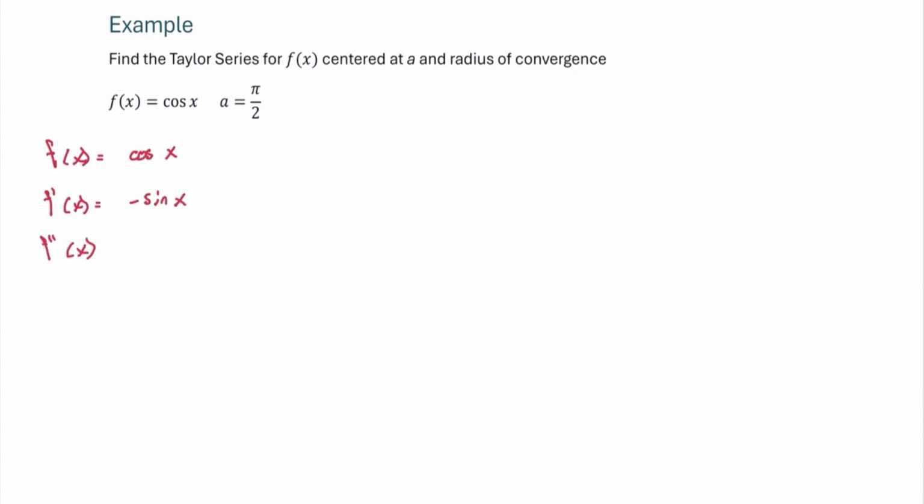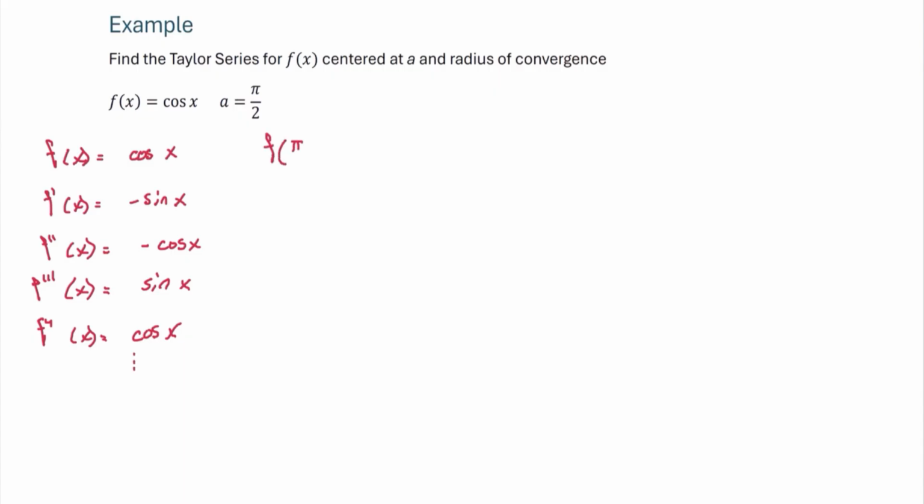Second derivative is then negative cosine x. Third derivative, positive sine x. And then the fourth derivative is just going to cycle back to cosine, and that pattern will continue. Next, we'll plug in a.